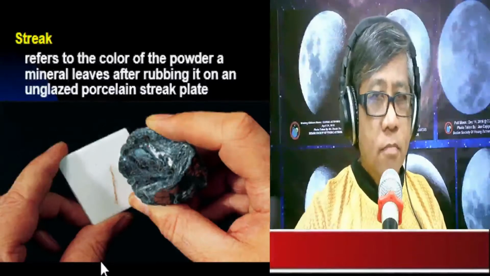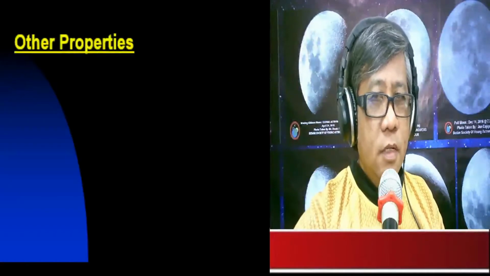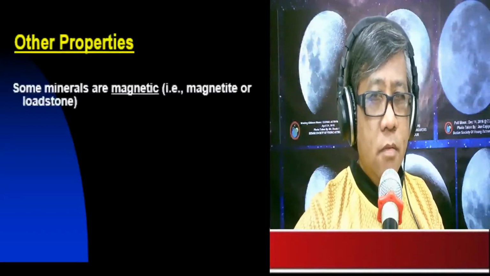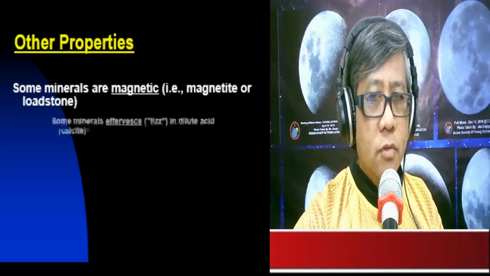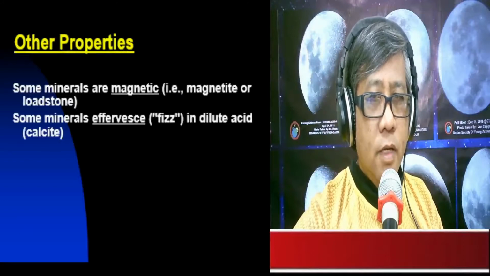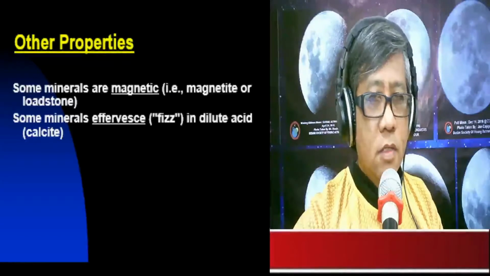Now, there are some minerals that exhibit special properties such as magnetism. Now, some minerals are magnetic, like magnetite or lodestone. Now, some minerals also exhibit what we call as effervescence or fizz in dilute acid. So, one example of this is calcite.